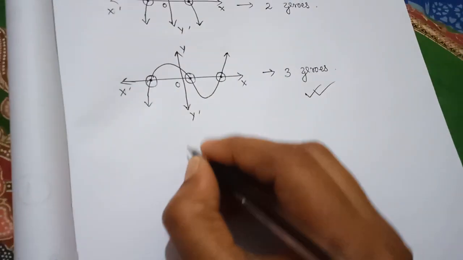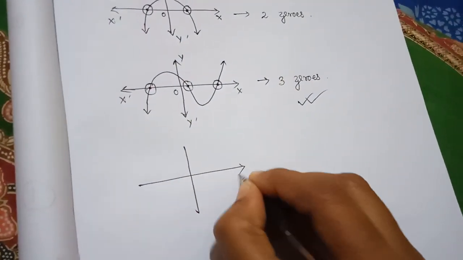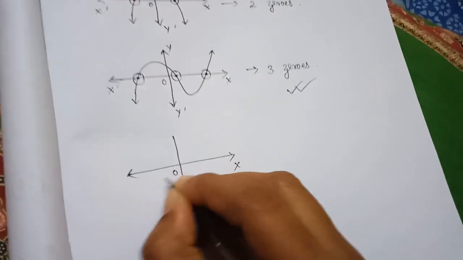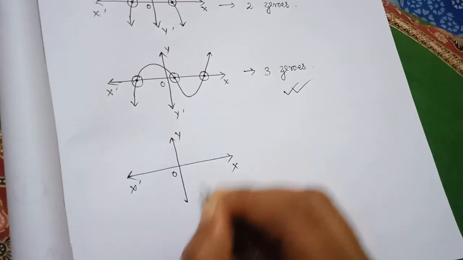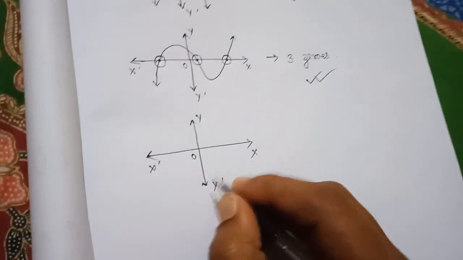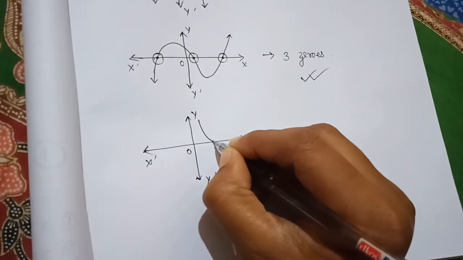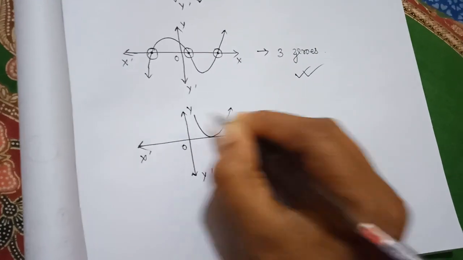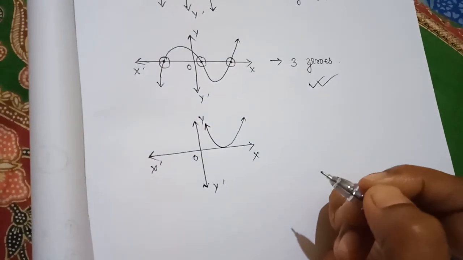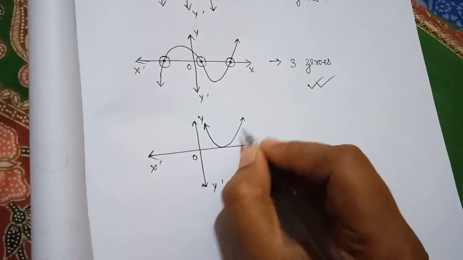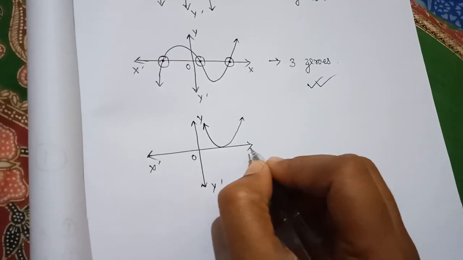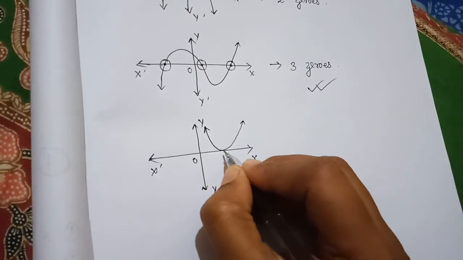Then coming to another figure. XOX', YOY'. Suppose the curve is like this. Means the curve just touches x-axis.